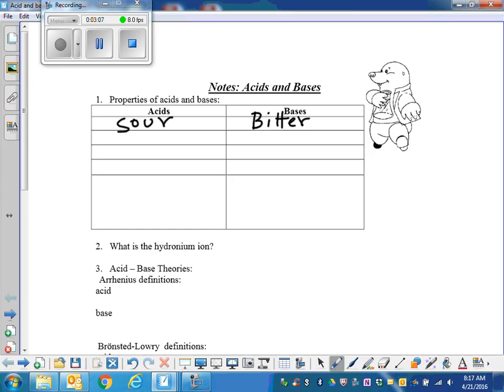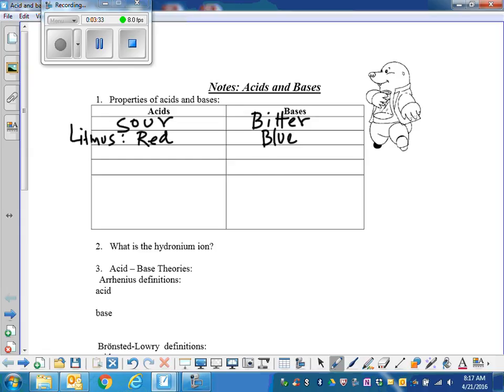Let's get started. We have limited time. So, acids taste sour. How will you recognize if a liquid is an acid or not? If you dip litmus paper in it, litmus appears red in an acid and it is blue in a base. What is one other property of acids?